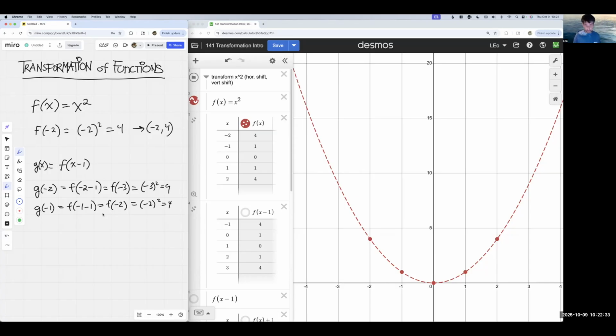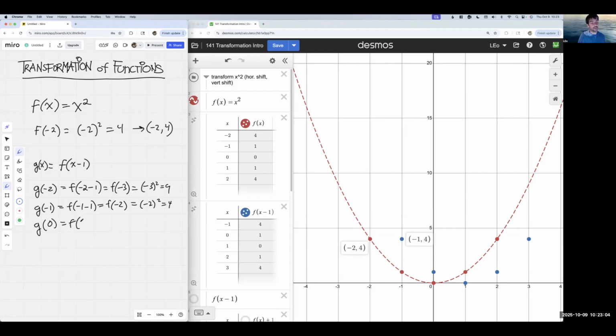Graphically, let's look at these points on the graph. The ones in particular I want to look at are these two. The blue dots are our new function. What we just noticed is that when we input -1 into our new function, we got an output equivalent to the output of the original function at -2. Let's do one more of these. Let's look at g of 0.